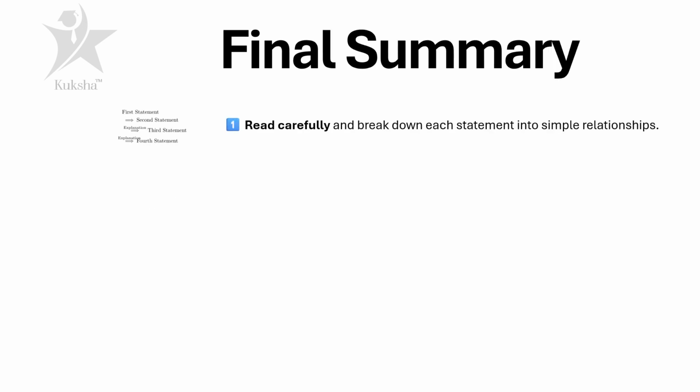So the final summary is: number one, read the statements carefully and break down each statement into simple relationships. Number two, draw a Venn diagram. As you could see, it makes the visualization of information really easy, and at the same time, it helps you come up with the conclusion faster.